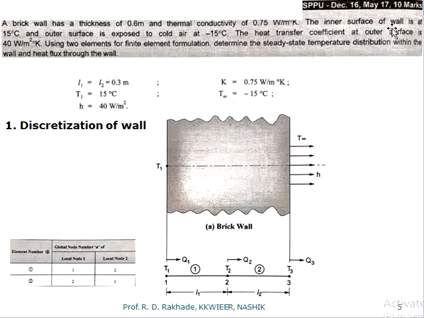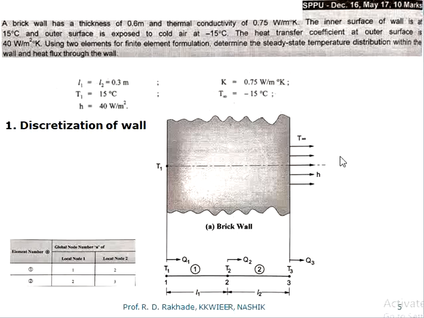The inner surface of the wall is at 15 degree. So let's consider this left side as our inner side, having temperature 15 degree. This is denoted as T1, 15 degree, and the outer side is exposed to cold air at minus 15 degree centigrade.